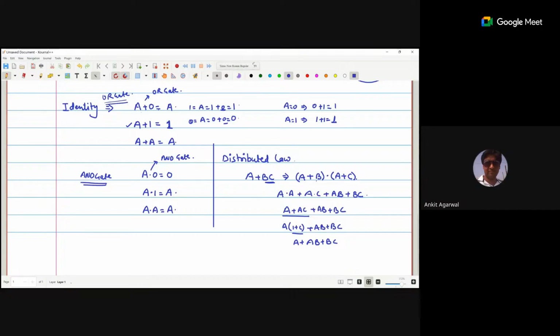Again taking A as common, 1 plus B, plus BC. Again using the identity, the remaining is A plus BC.